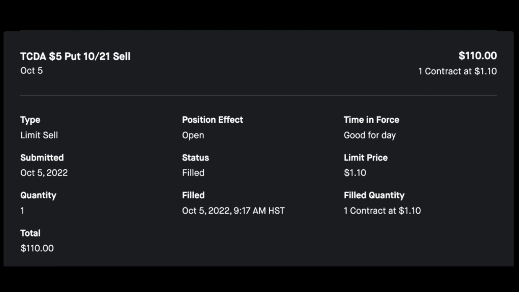When I submitted this option contract, it was filled at 9:17 a.m. Hawaii time or 12:17 p.m. Pacific time. At the time this option order was filled, it was paying $1.10 per share. So when it actually got filled, I received a total premium payment of $110.